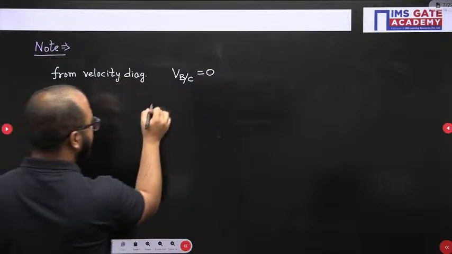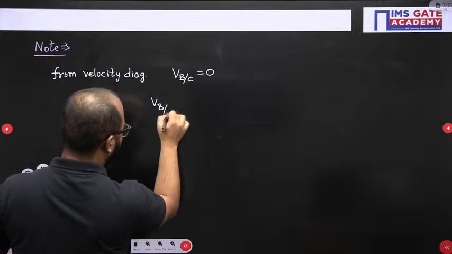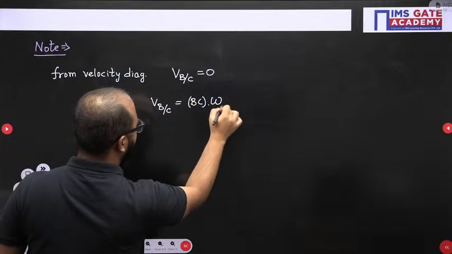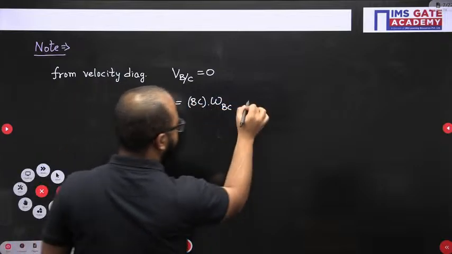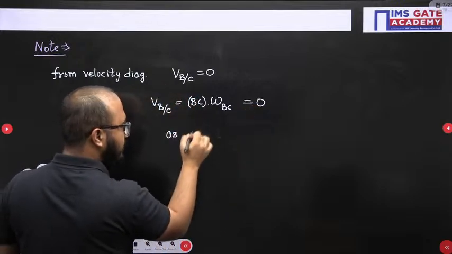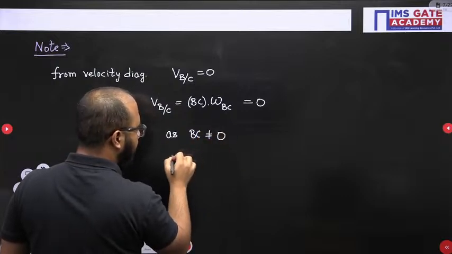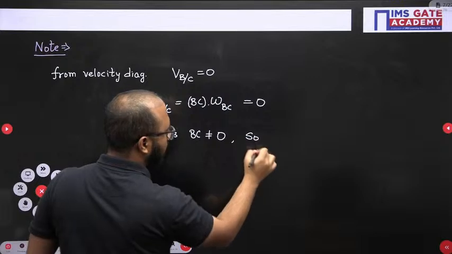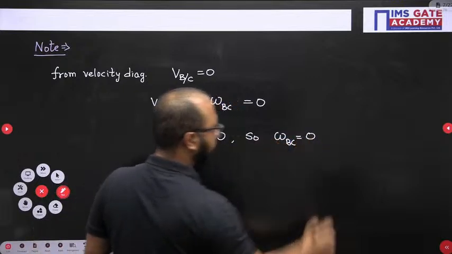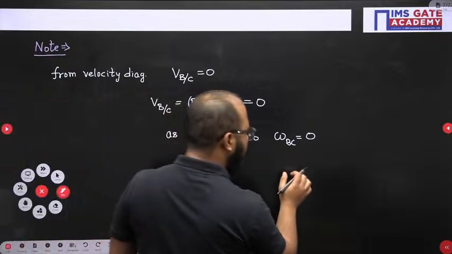If it is 0, as I know, B with respect to C is written as link BC multiplied by omega BC. As it is 0, as we know that BC value cannot be 0, so what happens? Omega BC will be 0. Is it clear? Omega BC is 0. 0 angular velocity.